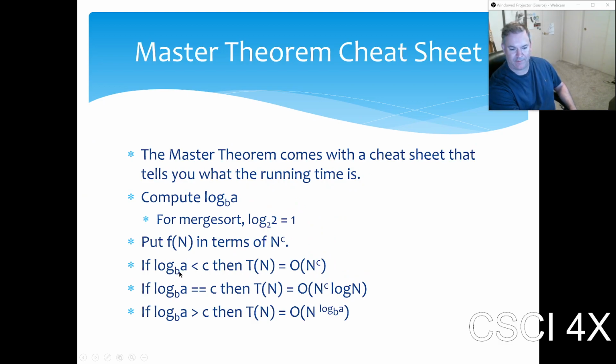So the log base b of a is 1. And we're going to compare this with the C, which is also 1. So what is the running time of this algorithm? We're going to add up all of the elements in this array in what running time?